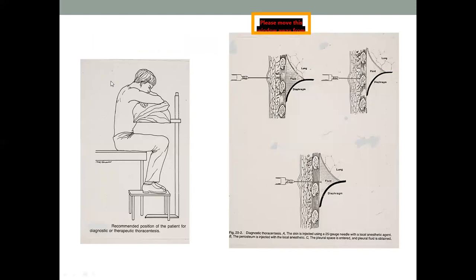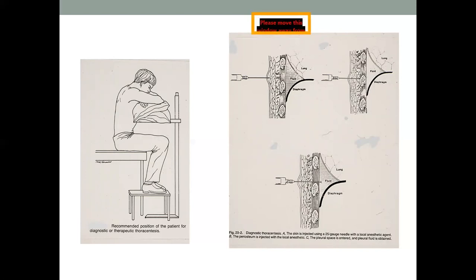So this is the position for thoracocentesis. And here, this is the procedure of how we do thoracocentesis. We localize the space from where we want to do pleural fluid aspiration.